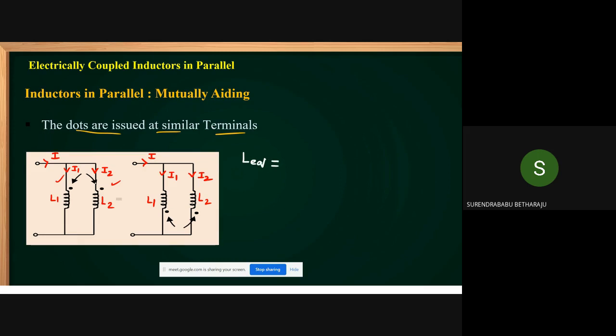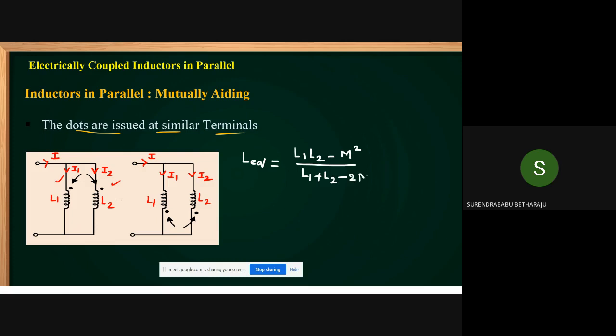Very important. Come on, write down. What is the L equivalent? Two coils are connected in parallel, but it is an aiding connection. How can we write? This is equal to L1 L2 minus M square by L1 plus L2, it's not plus 2M.